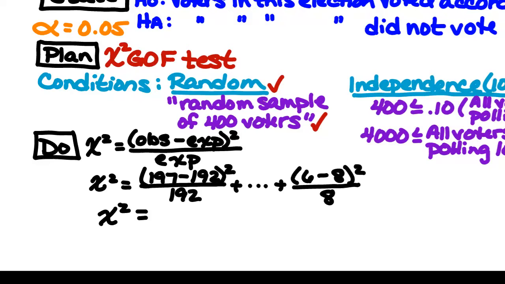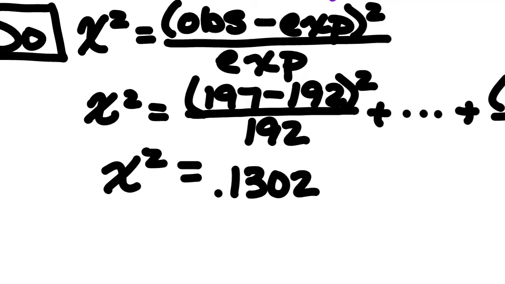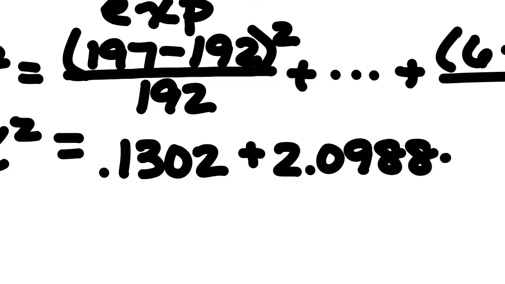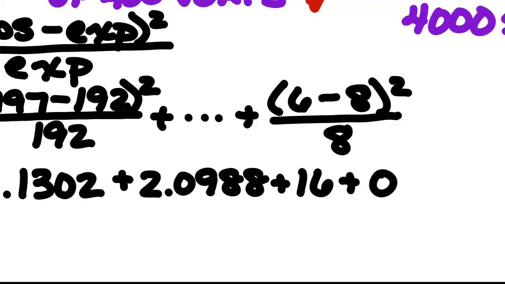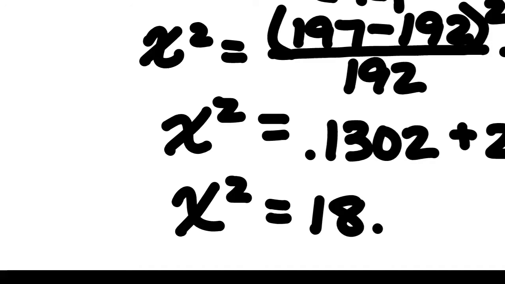So I got all right. So there's the components for a chi-square test statistic of 18.729.